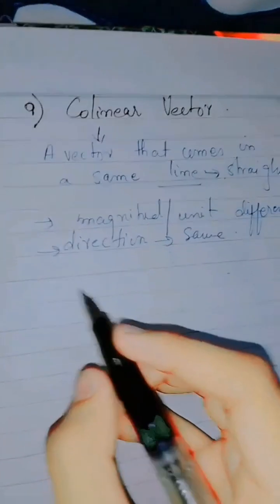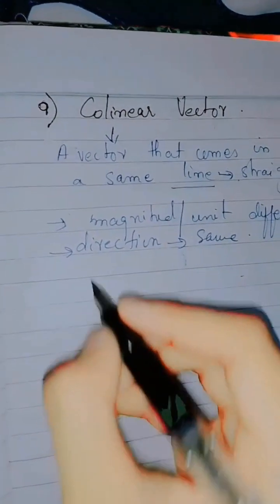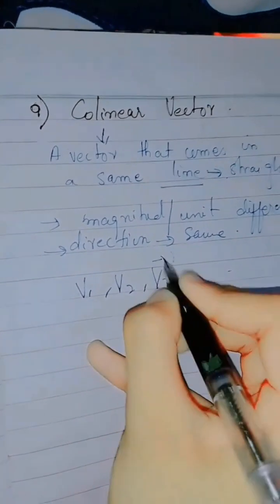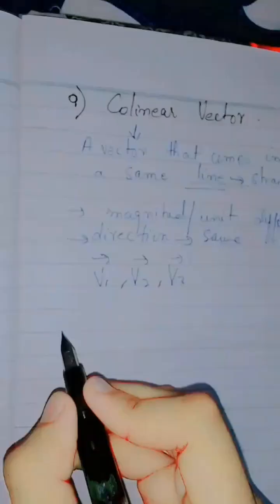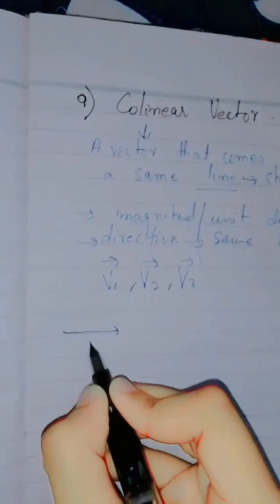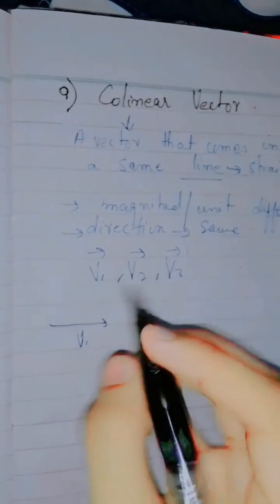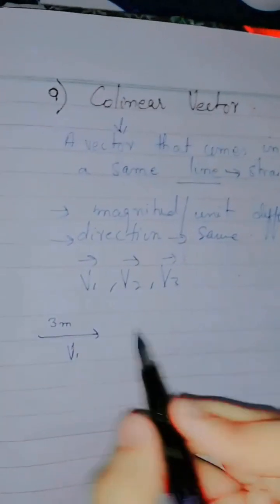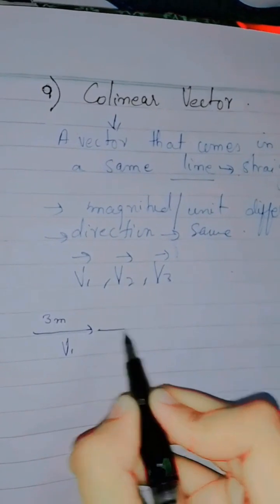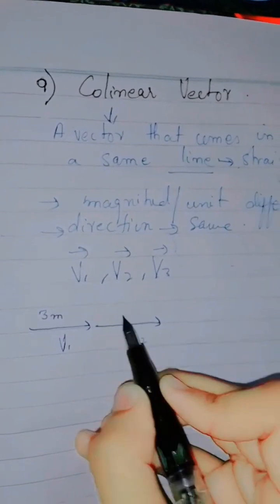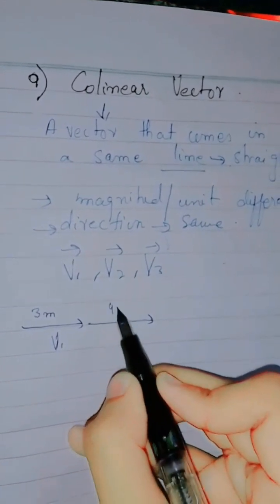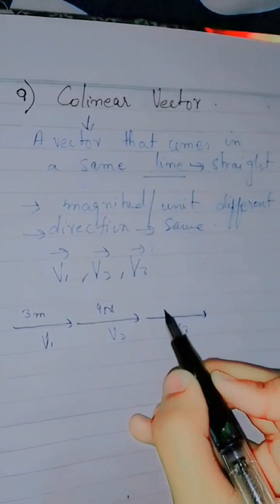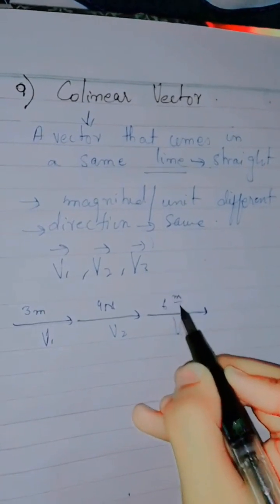For example, we are having three vectors, v1 vector, v2 vector and v3 vector. This is the first vector, v1 vector, having a magnitude and unit. Then this is the second vector having magnitude and unit. This is the third vector having a magnitude and unit.